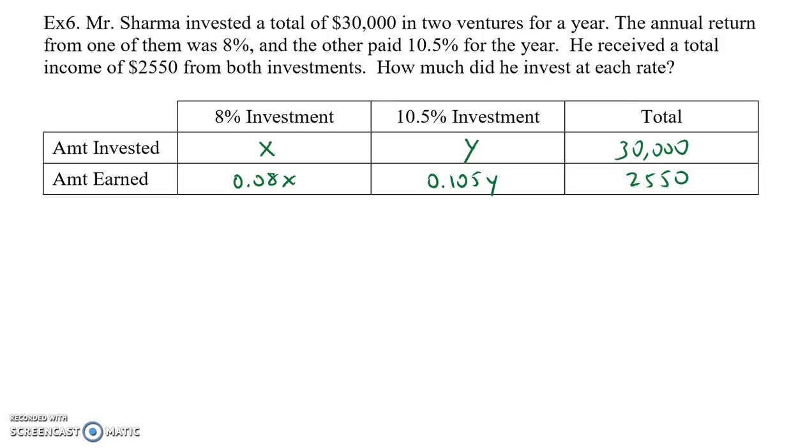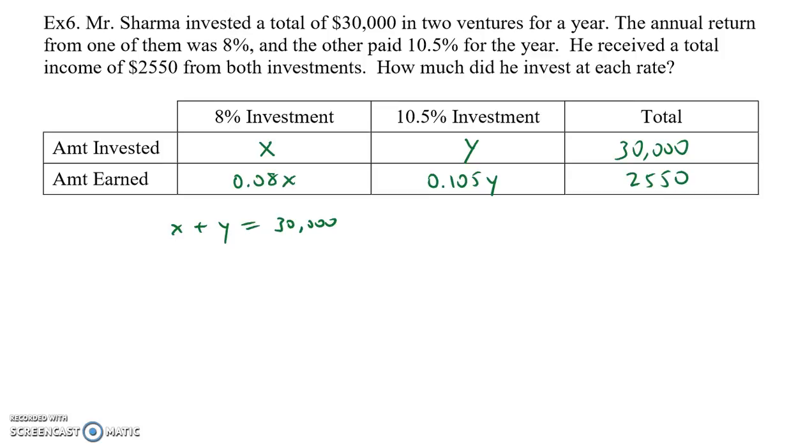The only thing left is to write a system of equations. And it stands to reason that the amount invested at 8% plus the amount invested at 10.5% should add up to the total amount invested in both ventures, $30,000. So that gives us our first equation: x plus y equals 30,000. It would also stand to reason that the amount earned from each investment should add up to the total earnings.